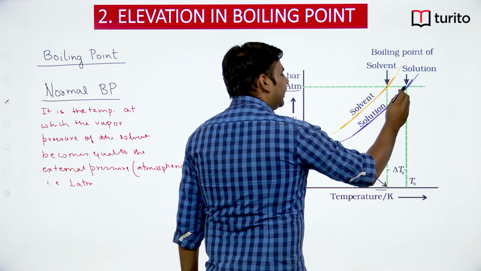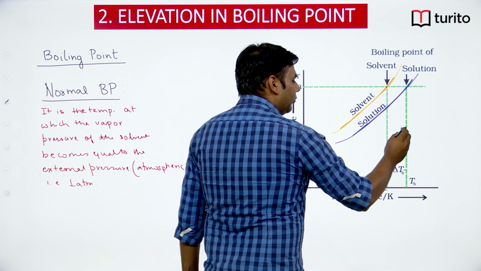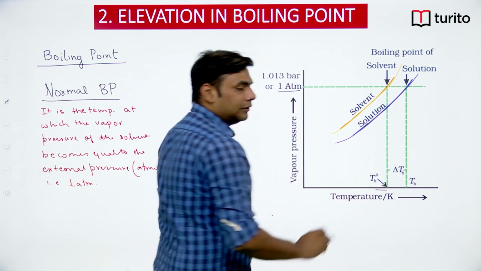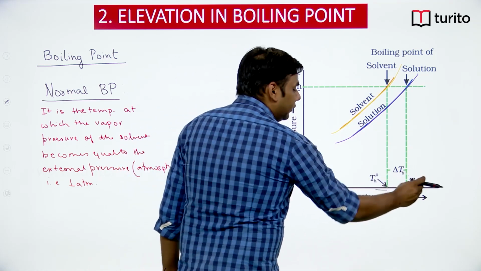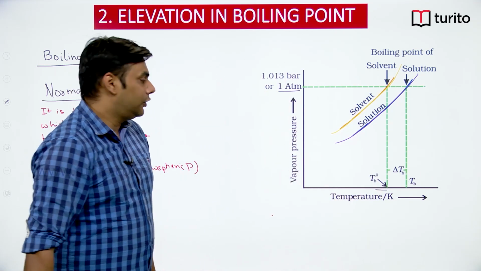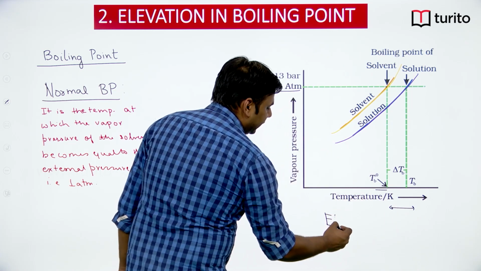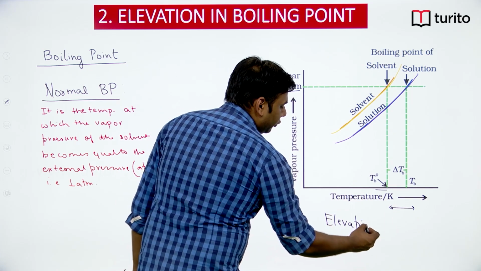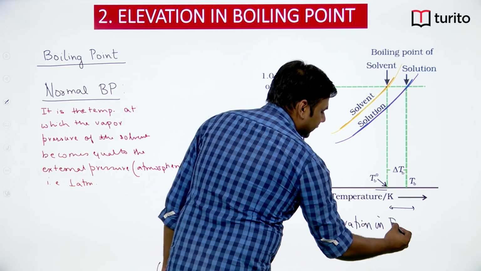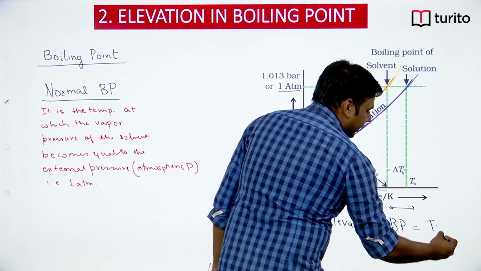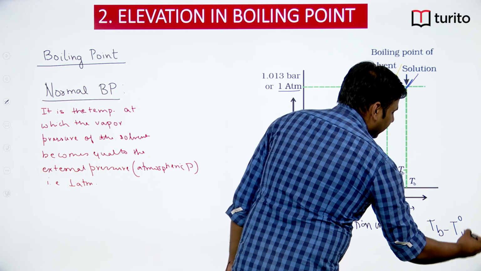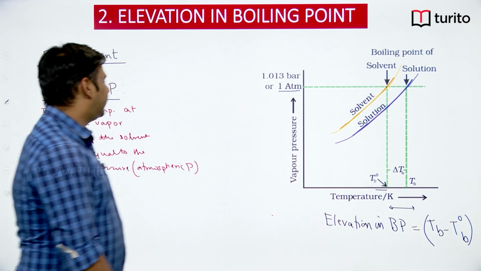When the pressure is 1 atm, you can see that the boiling point of the solution is Tb. You can clearly see that the value of Tb is greater than T naught b. So this difference in temperature is known as elevation in boiling point because boiling point has increased. So this is known as elevation in boiling point, which is Tb minus T naught b. Okay, hope this is clear to everyone.